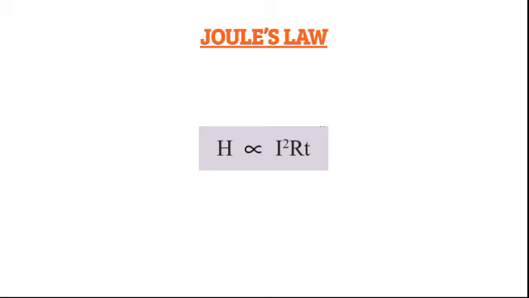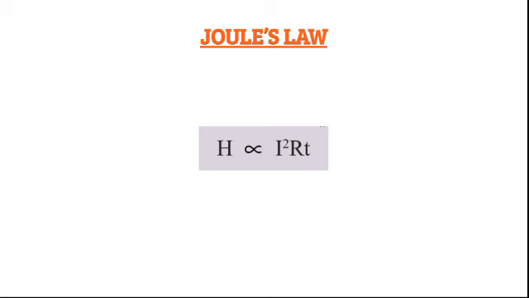So according to this relation, the heat generated H is proportional to the square of the current through the conductor, the resistance of the conductor, and the time of current flow.